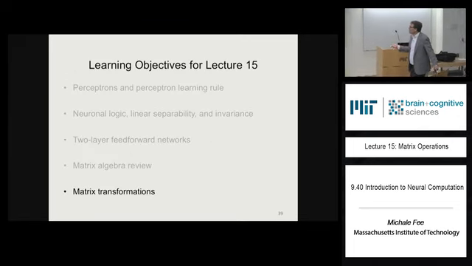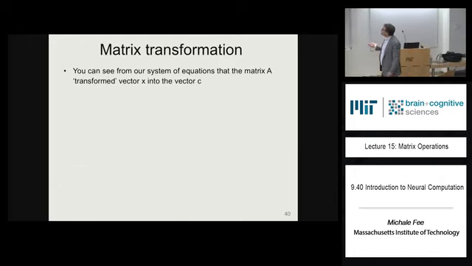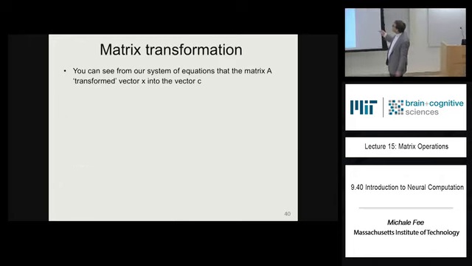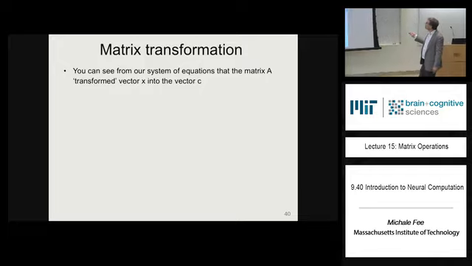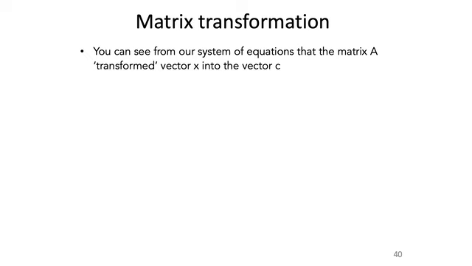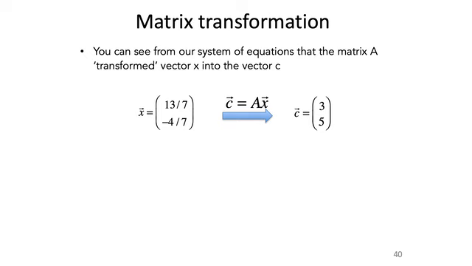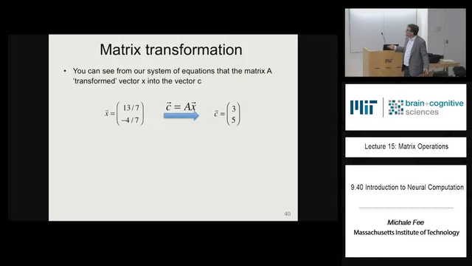All right, let's turn to the topic of matrix transformations. All right, so you can see from this problem of solving this system of equations that that matrix A transformed a vector x into a vector c. Okay, so we have this vector x, which was 3/7 minus 4, a vector.